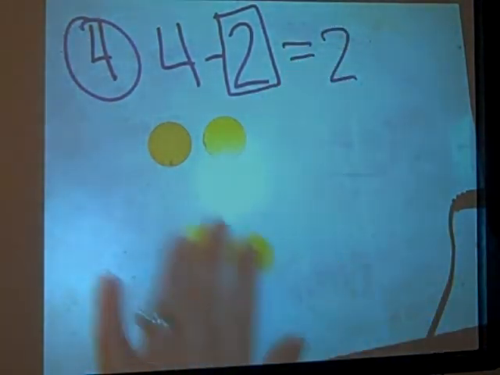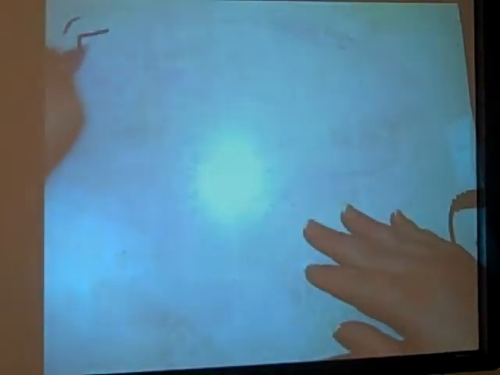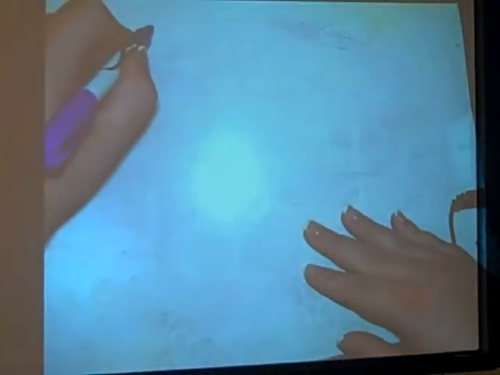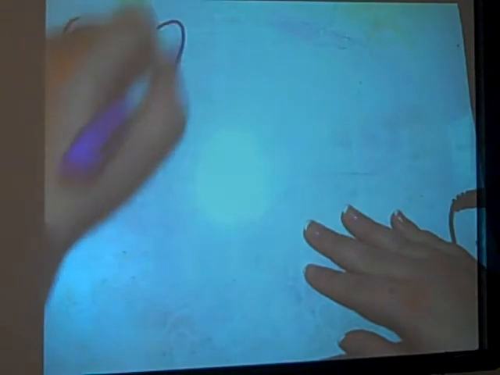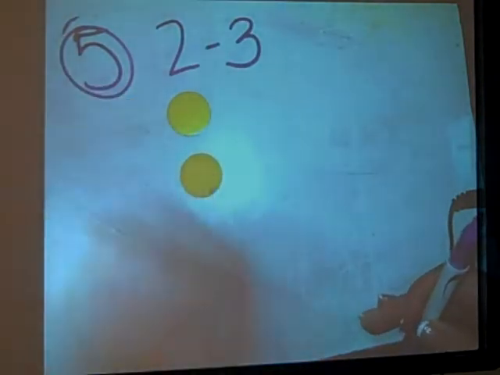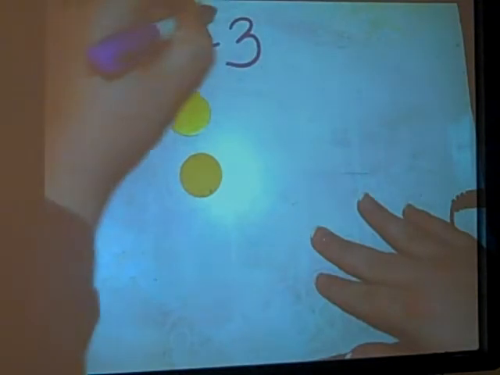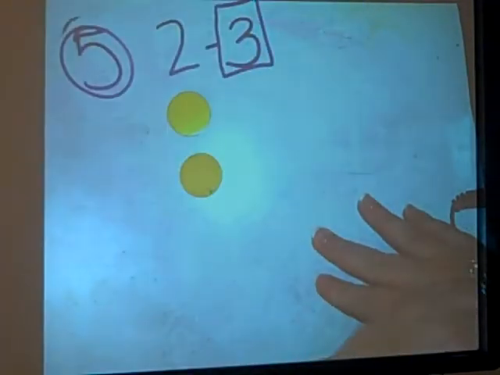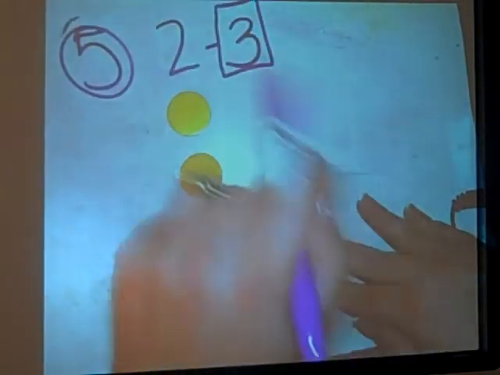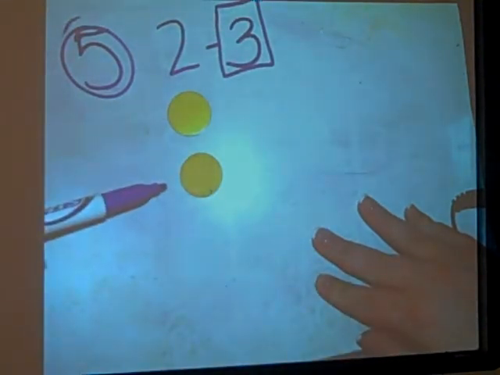Now let's look at it when it's a little bit more difficult. We model our first number only, so I have 1, 2 positive, and I need to take away my second number. I'm going to box in my second number. That's not a requirement, though. So I need to ask myself, do I have 3 that I can take away? No, but I do have 2. 1, 2, and they are positive.